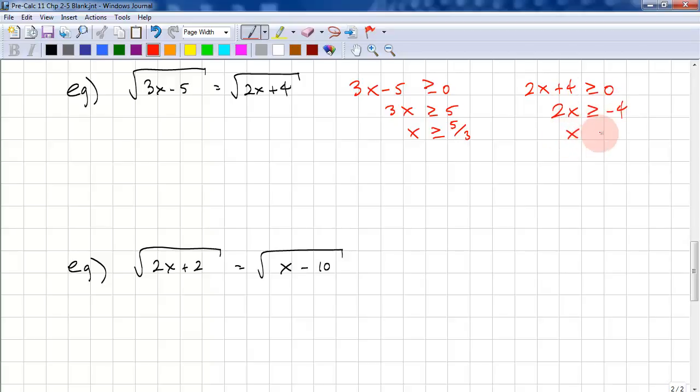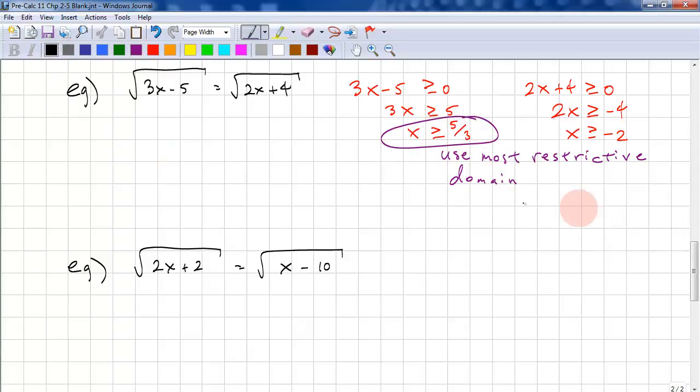Divide both sides by 2. And we have x is greater than or equal to negative 2. We need to use the most restrictive domain. This means where the domains overlap. So that would be this one.